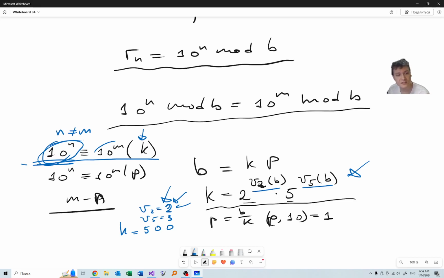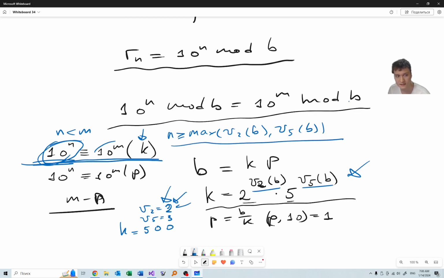So if you want these things to be equal, let's say that n is less than m for the sake of completeness. What I want to say is that n should be at least the maximum of v2 of b and v5 of b. That's it. This is what it says.